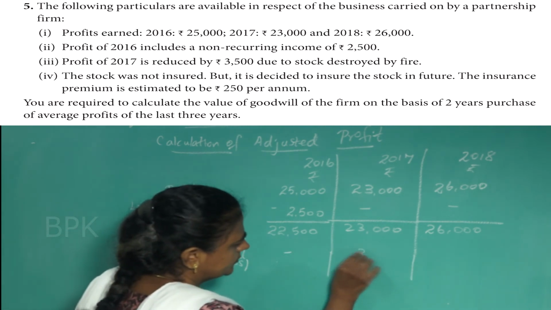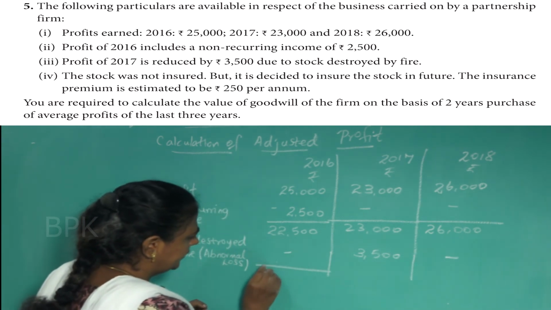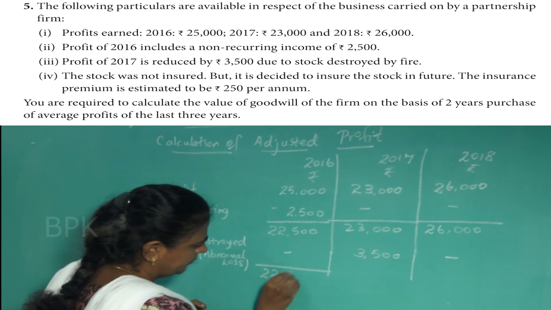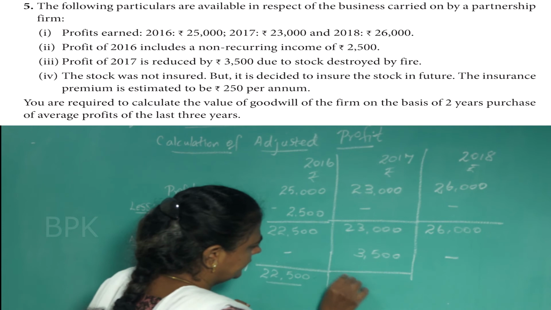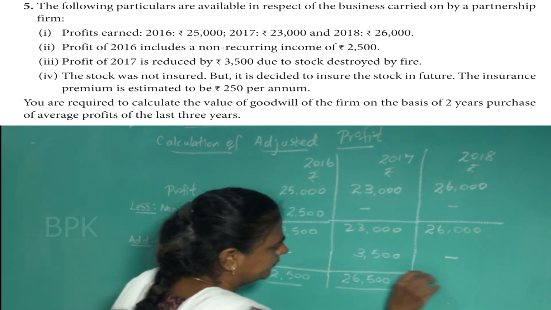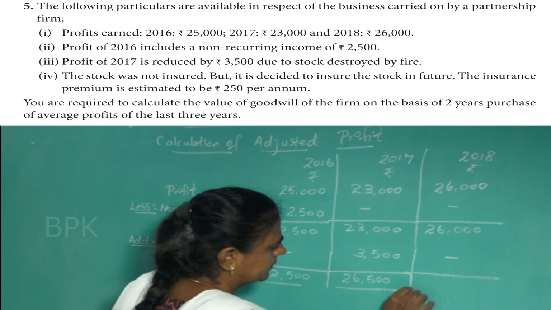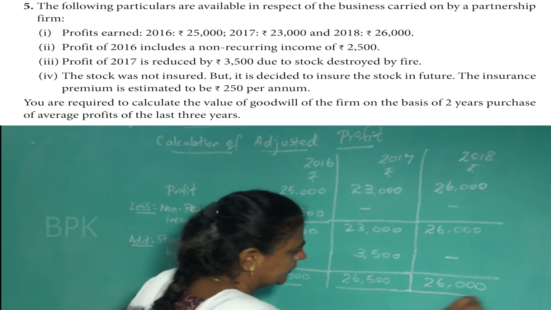That is 3,500. So, that you add. So, here you will get 22,500, here you will get 26,500 and here 26,000.